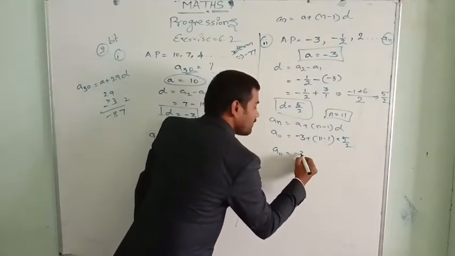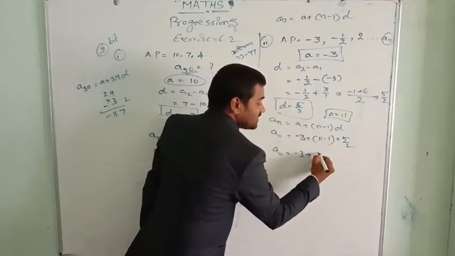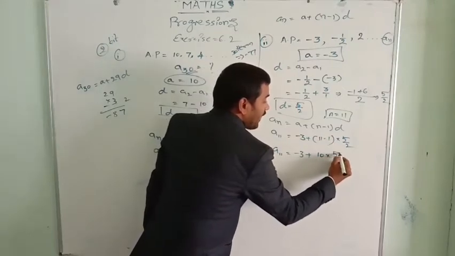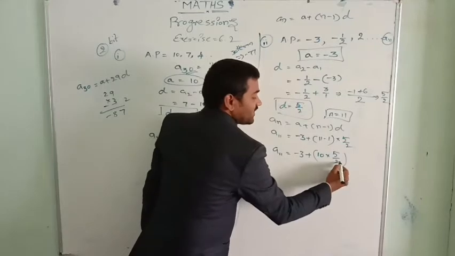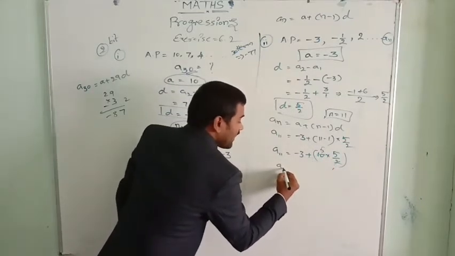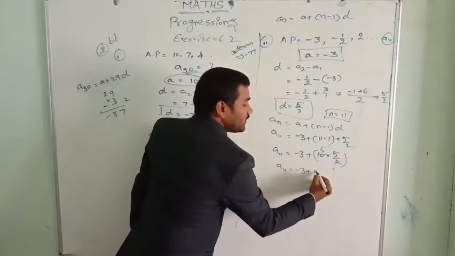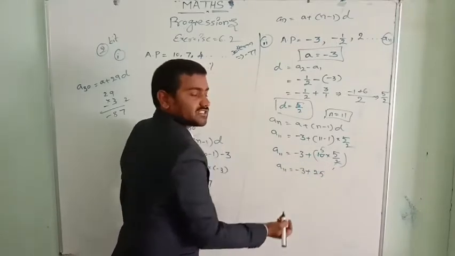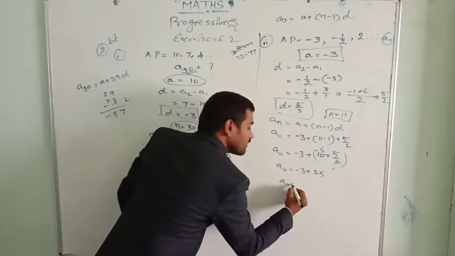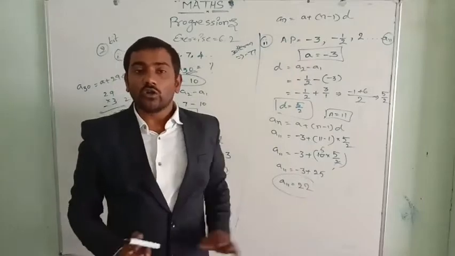A11 equals minus 3 plus 10. 11 minus 1 is 10 into 5 by 2. Let us simplify. 2 ones are 2, 2 fives are 10. Then A11 equals minus 3 plus 5 into 5, 25. 25 minus 3 is 22. So A11 equals 22. The 11th term of this AP is 22.